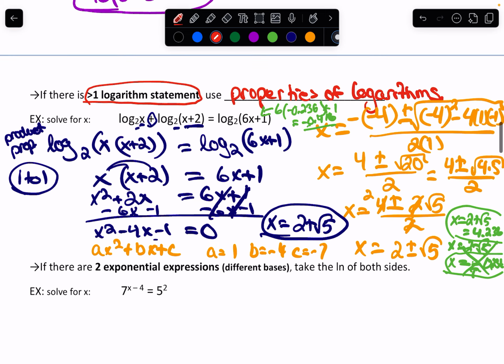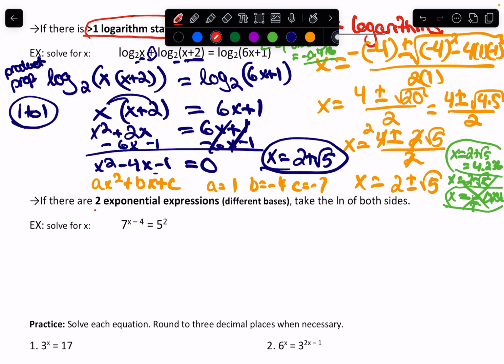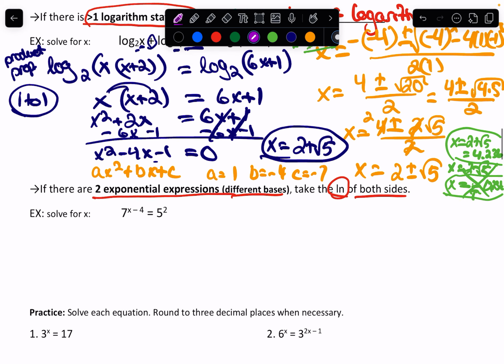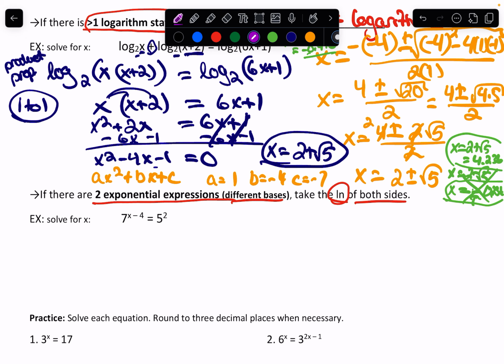Okay, if there are two exponential expressions, different bases, take the natural log of both sides. Let's look at this one. So we have 7 to the power of x minus 4 equals 5 to the power of 2. So what we're going to do is take a natural log of both of these.